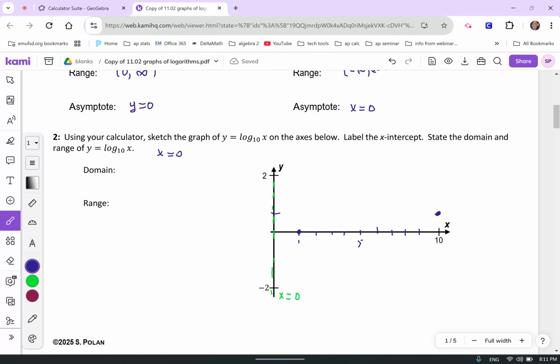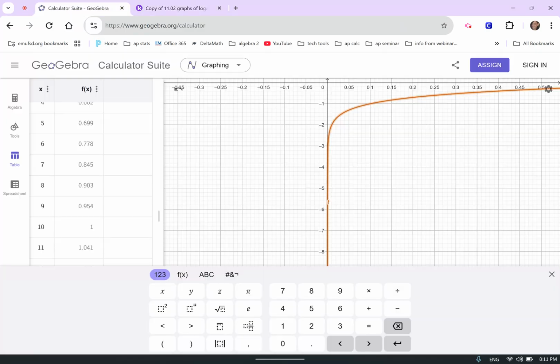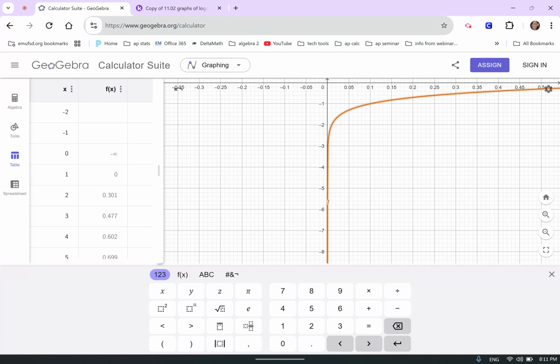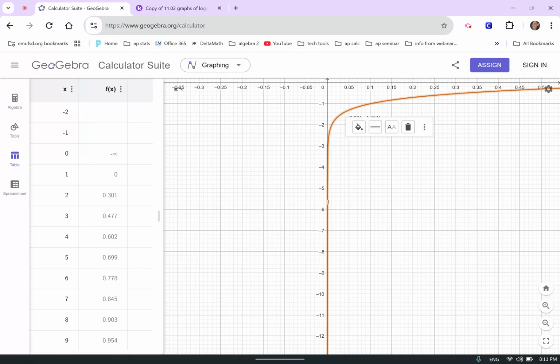And at values between 0 and 1, you're going to see that it's negative. So if I wanted to go ahead and see a value, notice at -4, just want to see this point over here. So at the point 0.05, it's -1.5.